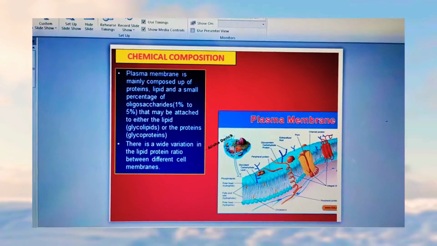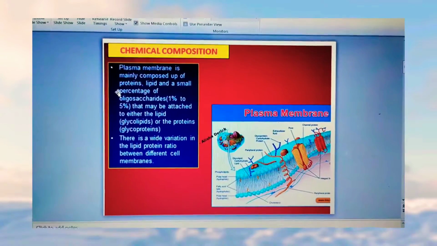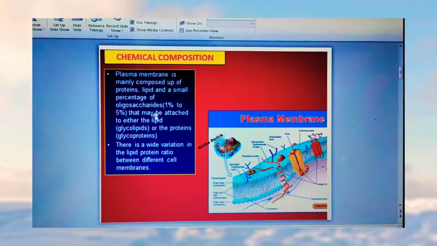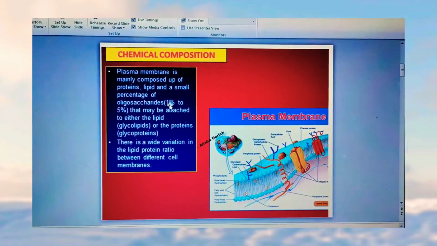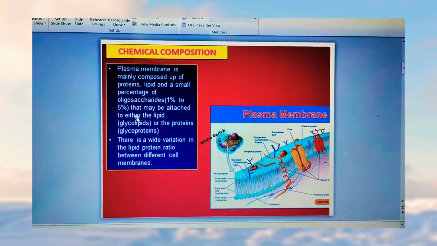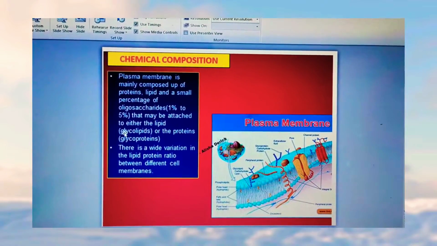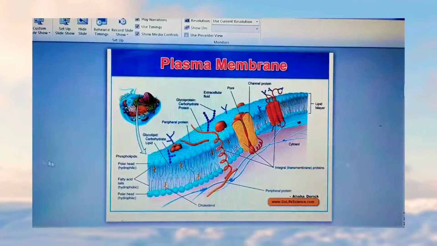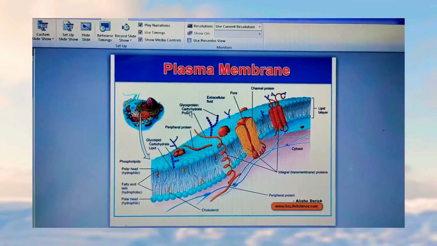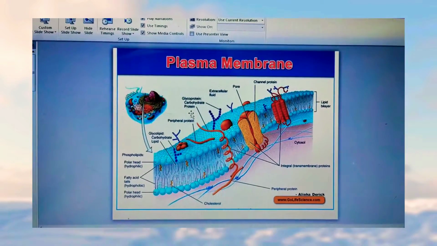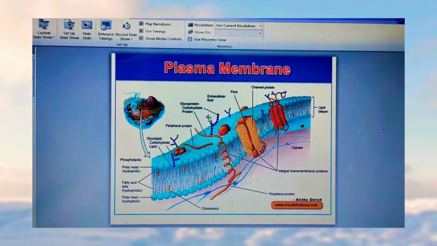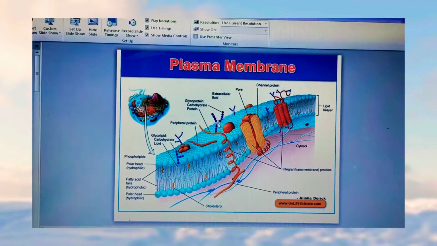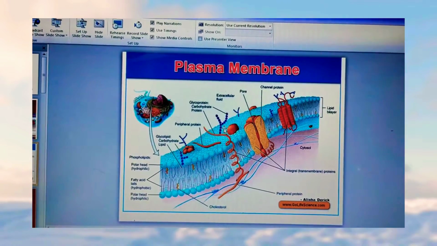Now let us see this. The oligosaccharides, this is a carbohydrate component. It is 1% to 5%. It may be attached to either the lipid or the protein.